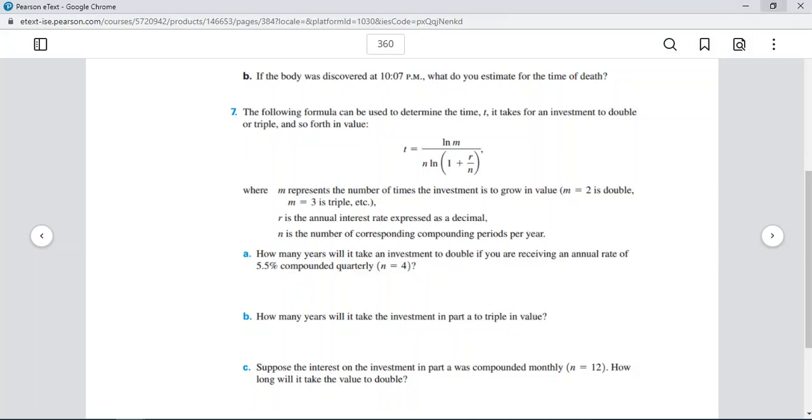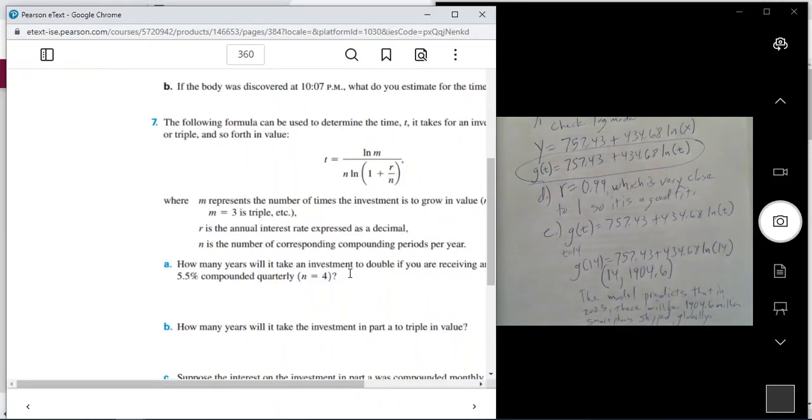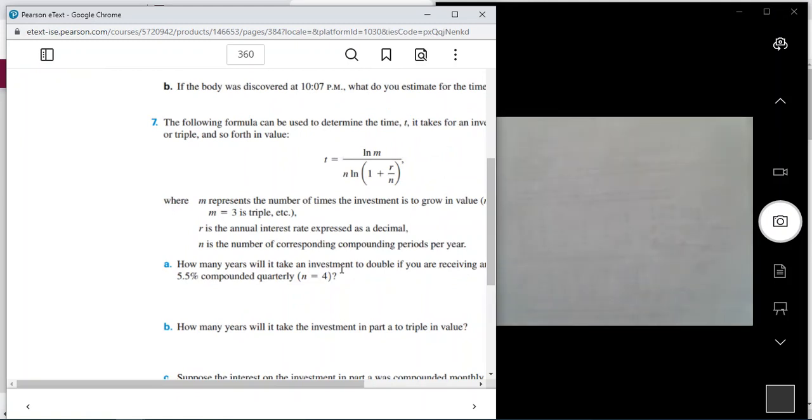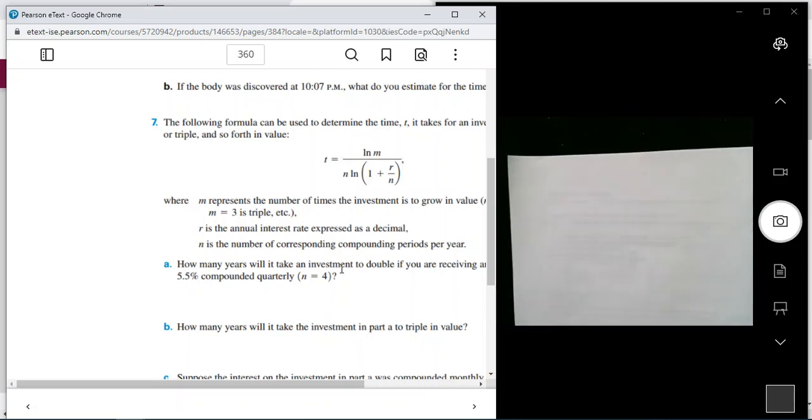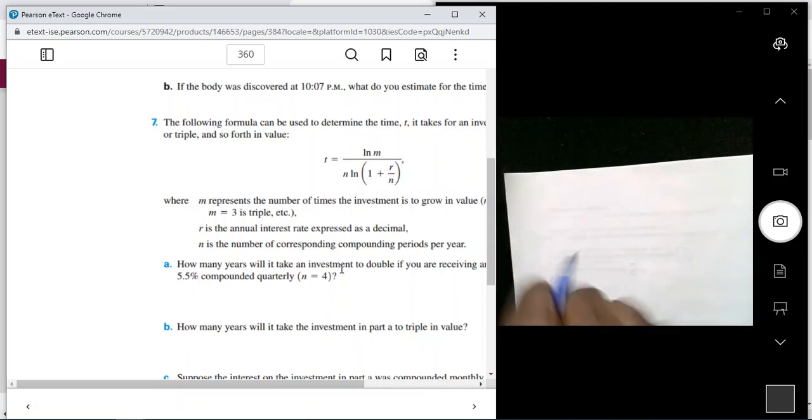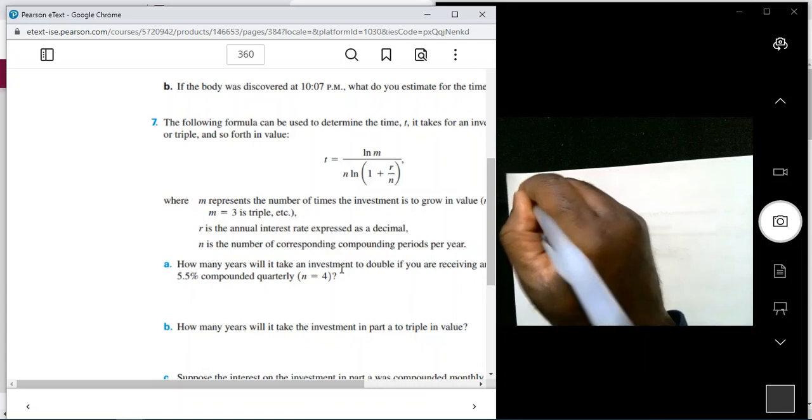Now this gives us a lot of valuable information. Okay, first of all, let me get another sheet of paper here. First of all, let me write down the equation. This is number 7.